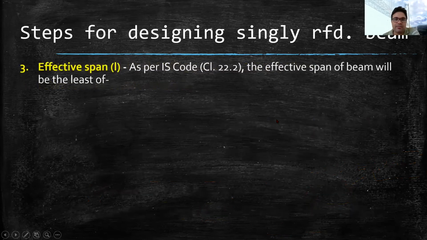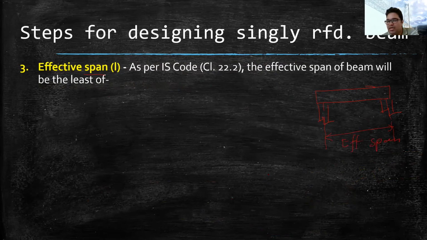In the next step, we are supposed to find out the effective span. I have shown you in the previous step what the effective span is. If this is a beam and this is the support, generally the line passing near the center of the support will be the effective span.